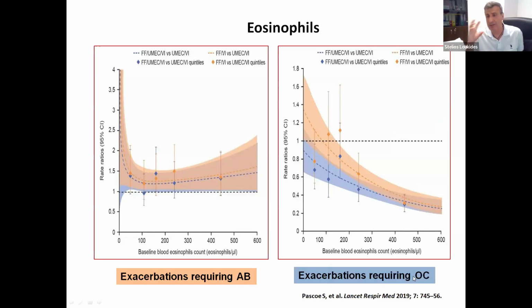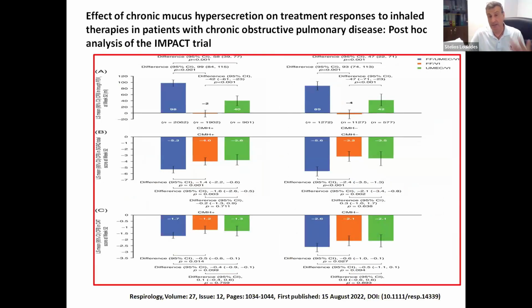So the optimization of inhaled treatment, apart from the bronchodilator effect and the anti-inflammatory effect, has some indirect effects from treatable traits and from endotyping mechanisms. And this is just another paradigm, a sub-analysis, a post-hoc analysis of the IMPACT trial, where the effect of chronic mucus hypersecretion is critical for treatment responses.